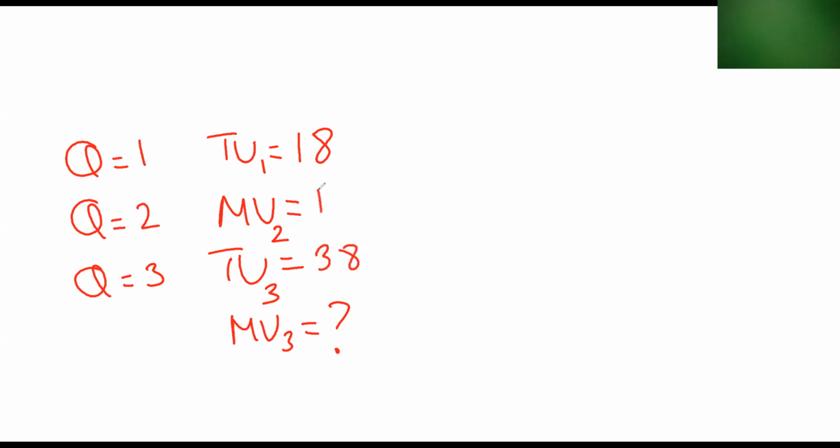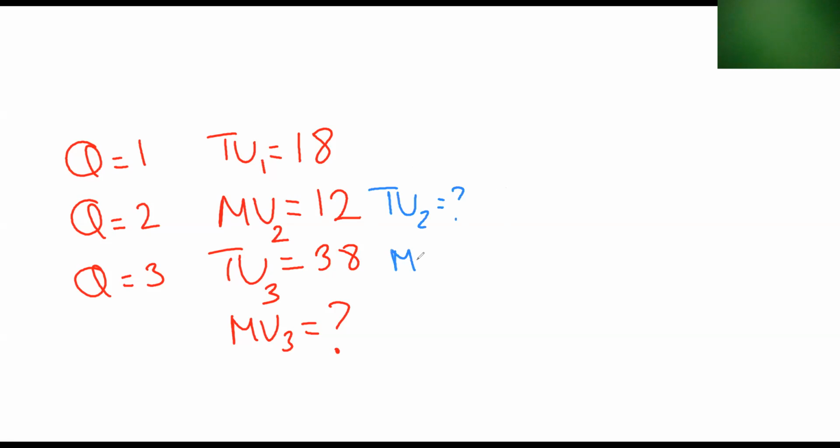And then the marginal utility for the second cup is 12. So to get marginal utility for the third cup, you need to calculate TU2, okay? So that's the first thing I'm going to do.